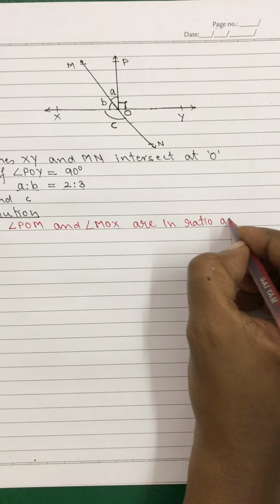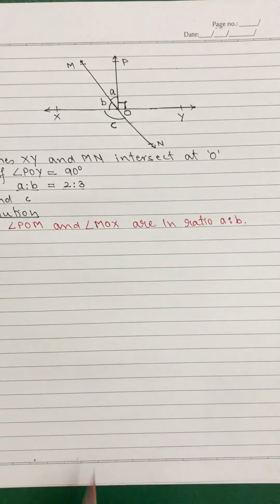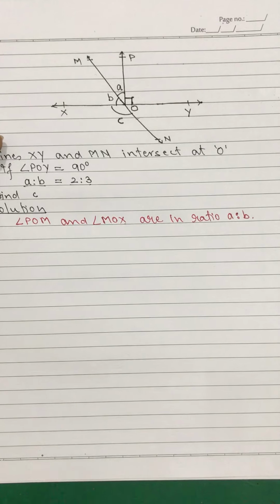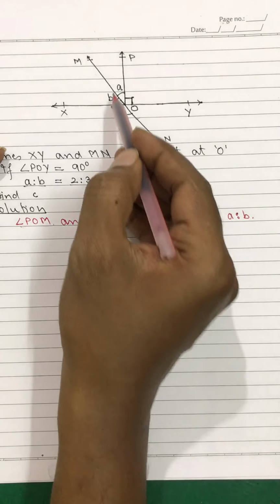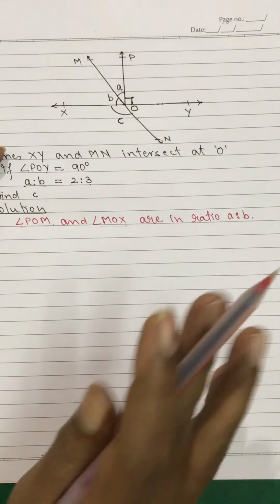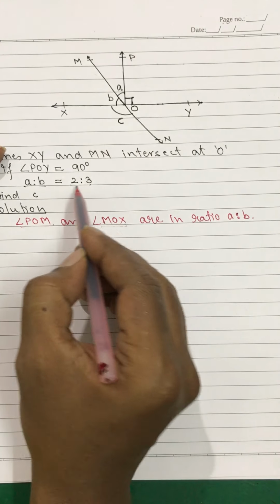What is the ratio? A is to B. See, this is one series that you have to understand. These angles POM and MOX are in the ratio 2:3.